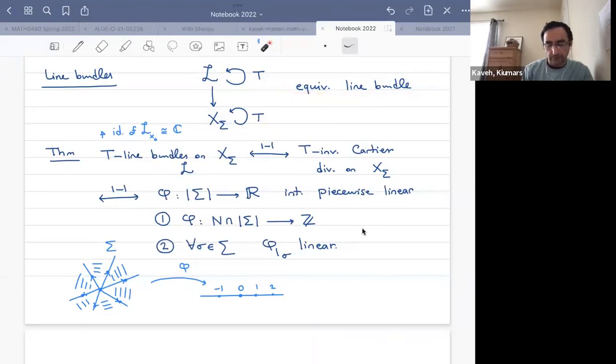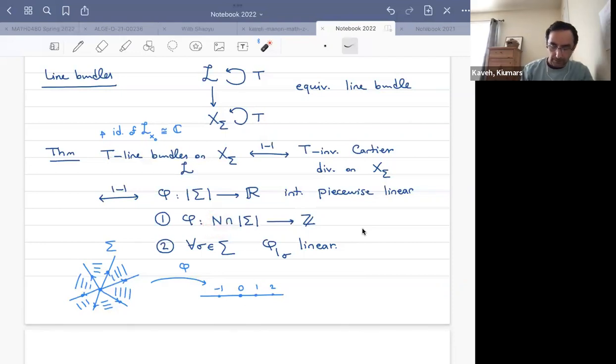And it's well known that T line bundles, torus equivariant line bundles L, are in one-to-one correspondence with piecewise linear functions on sigma, which are integral, meaning that they send lattice points to lattice points. Recall that sigma lives in the vector space associated to the co-character lattice, which we think of as Z^n.